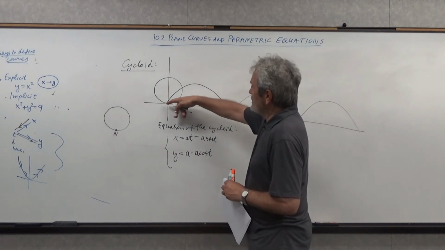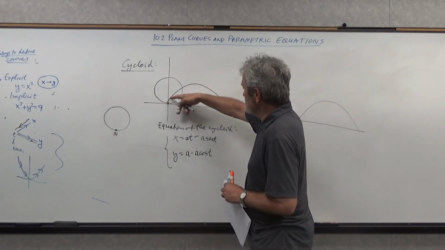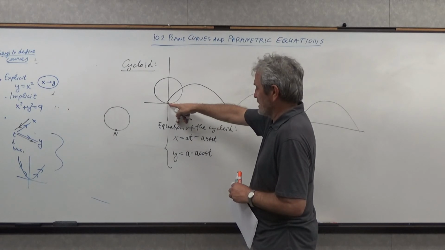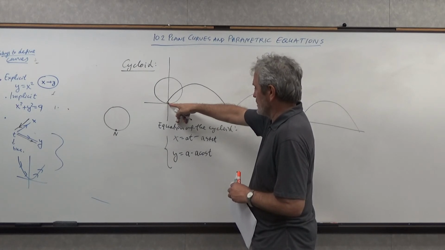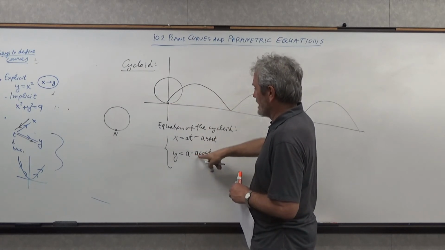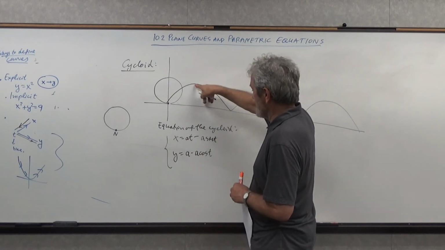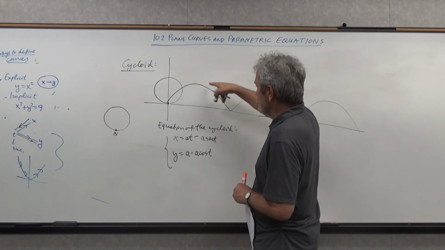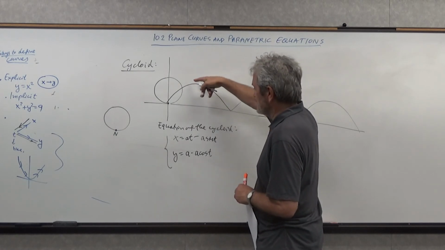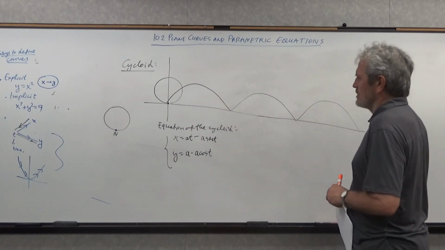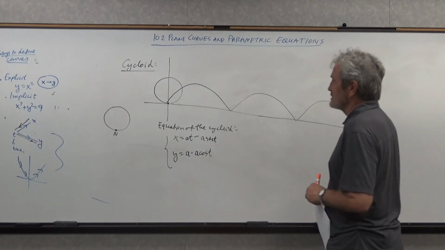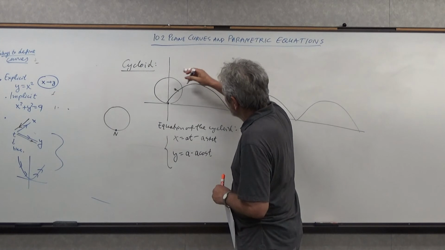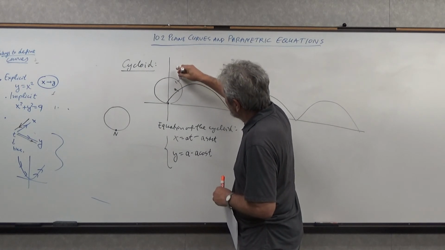So while you make one rotation, at t equals 0, it will be height 0, and t equals pi over 2, that will be a. So here is a, and that's when t is pi over 2.